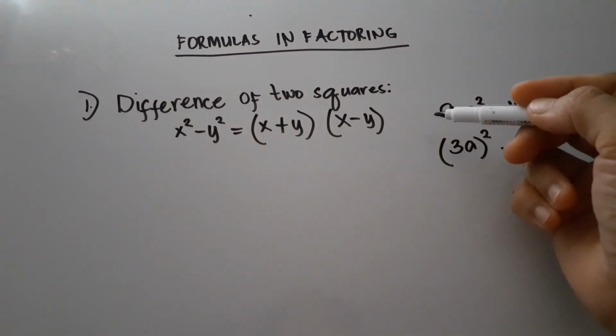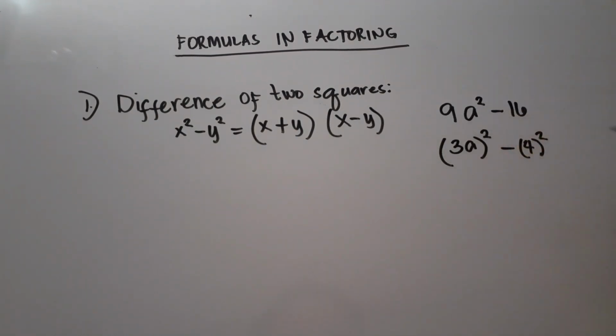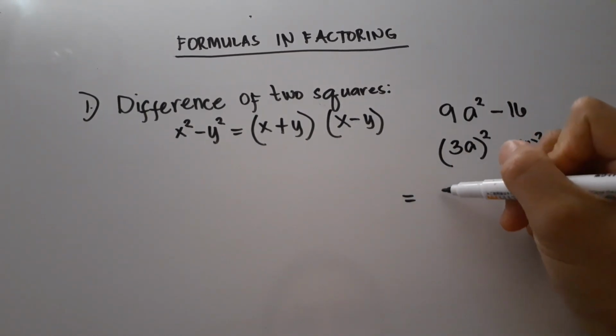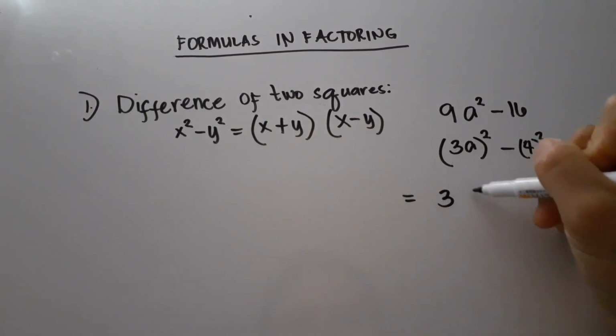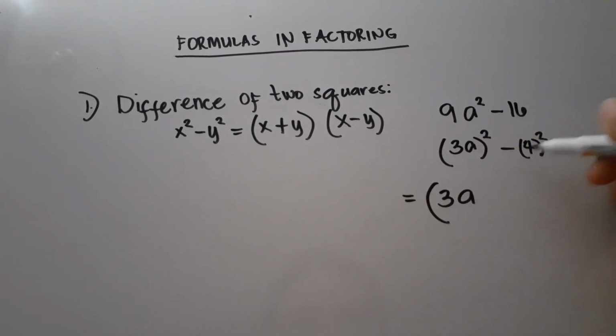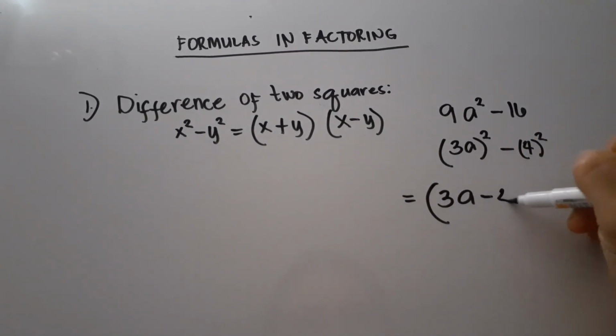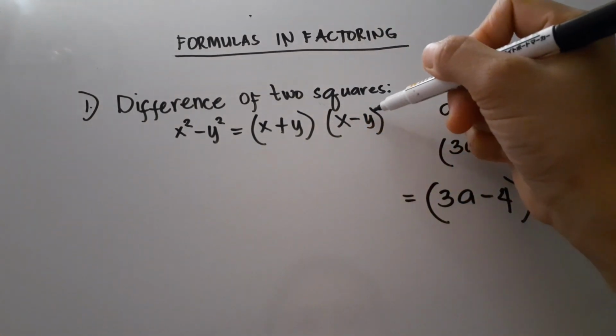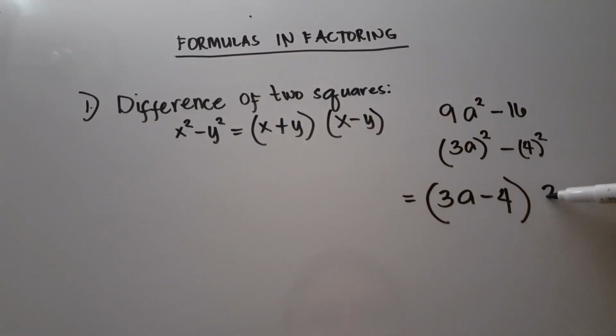The square root of 9a squared is 3a, so we have 3a, then copy negative 4. Then we can use the formula: since we have a negative and the other one is positive, we have 3a plus 4.